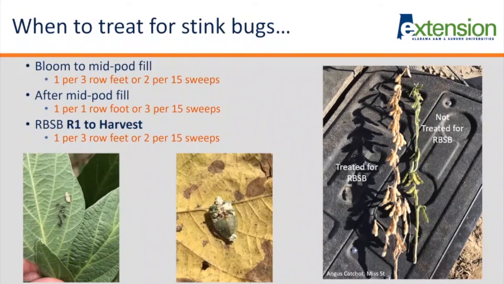So they're going to lay their eggs in the bottom 6 to 12 inches of the canopy. That's where the immatures are going to be. So the sweep net may not always be the most effective sampling strategy. You may need to use a drop cloth or make visual counts, pushing back plants and looking lower in the canopy to find these guys, especially earlier in the season when the pods are still in the bottom of the plant.